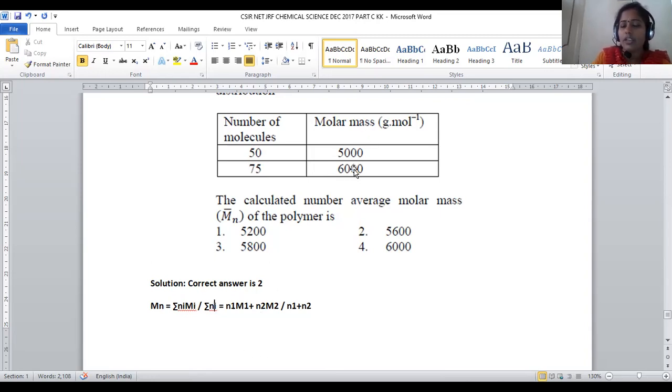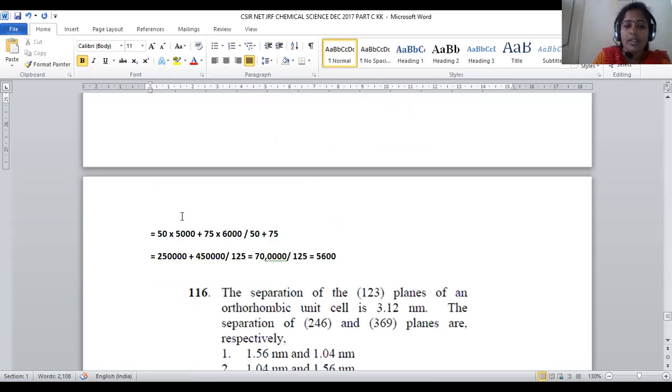How many are there? 75, and the second molecule's molar mass is 6000. 75 into 6000, divided by the sum of the number of molecules, 50 plus 75. So it is 50 into 5000 plus 75 into 6000 divided by 50 plus 75, which is 125.